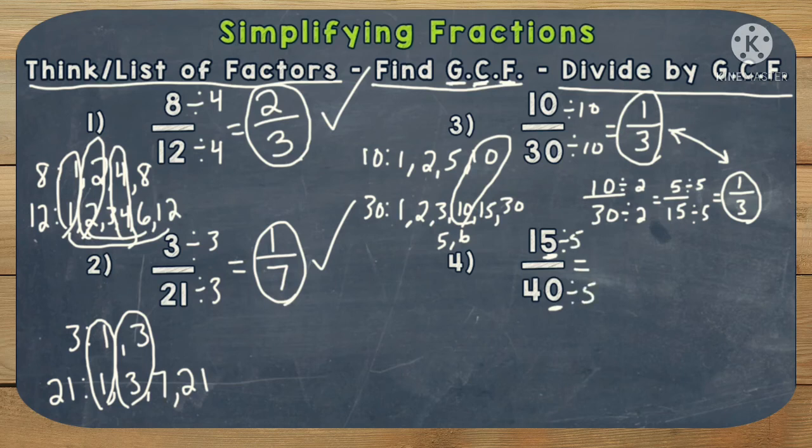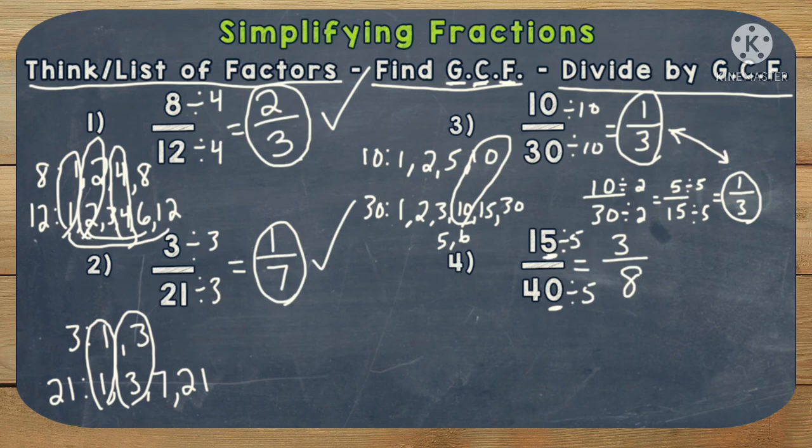I might not be able to do it in one step. I might be able to, who knows, but let's start there. So 15 divided by 5 is 3. 40 divided by 5 is 8. So let's take a look at this 3 and 8. Are there any numbers that are a factor of both 3 and 8 besides 1?